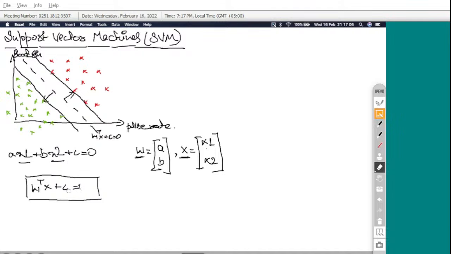If we do W transpose into X, what will be the result, guys? ax1 plus bx2. So I can simply write W transpose X plus C equals to 0.